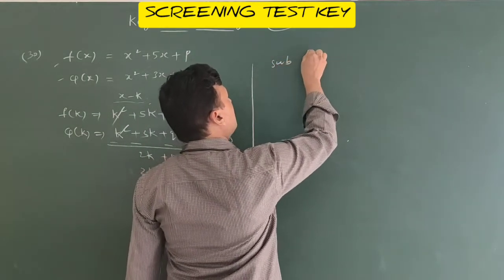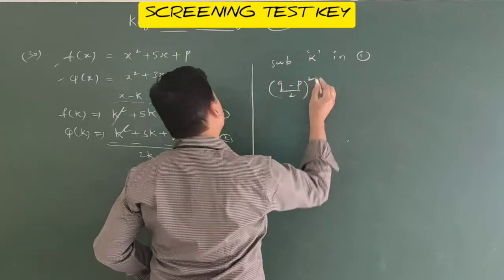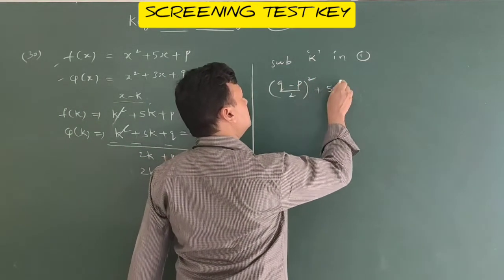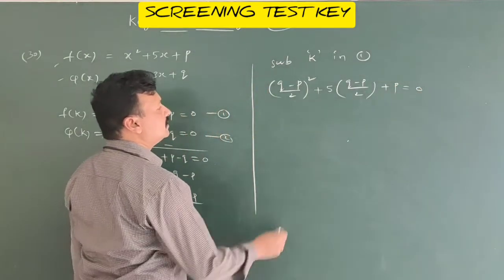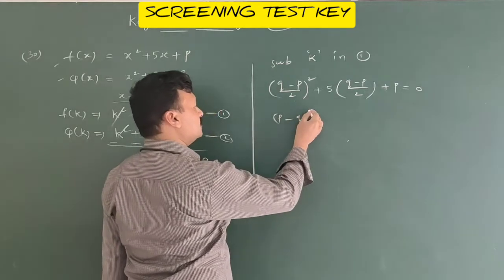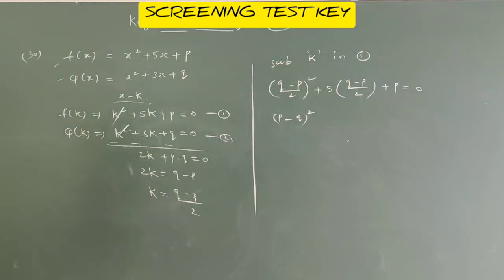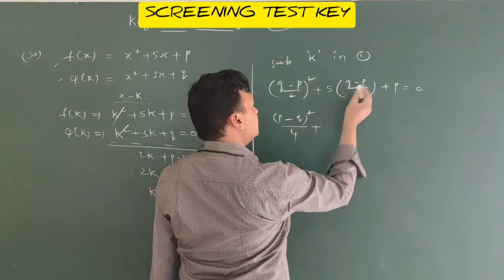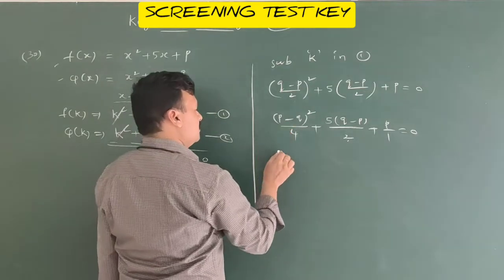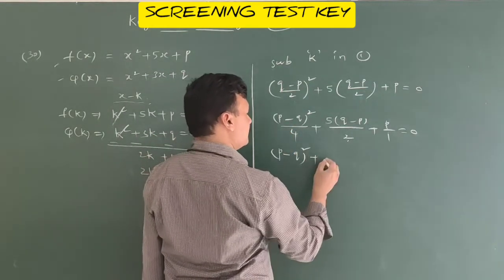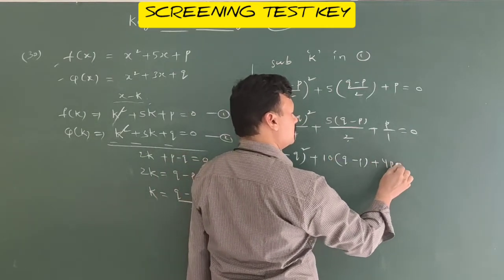So substitute k in the first equation: q minus p by 2 whole square plus 5 into q minus p by 2 plus p equal to 0. q minus p and p minus q are the same if you square, since a minus b whole square and b minus a whole square are the same. Taking LCM 4, p minus q whole square plus 10 into q minus p plus 4p equal to 0.